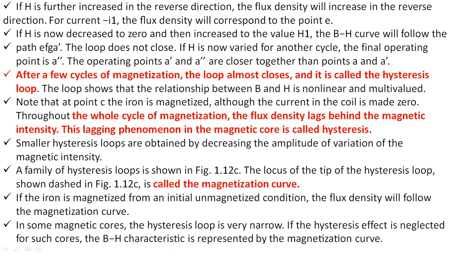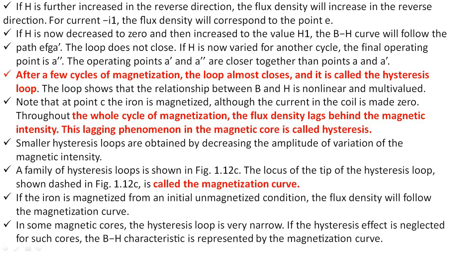Note that at point C the iron is magnetized, although the current in the coil is made 0. Throughout the whole cycle of magnetization, the flux density lags behind the magnetic intensity. This lagging phenomenon in the magnetic core is called hysteresis.